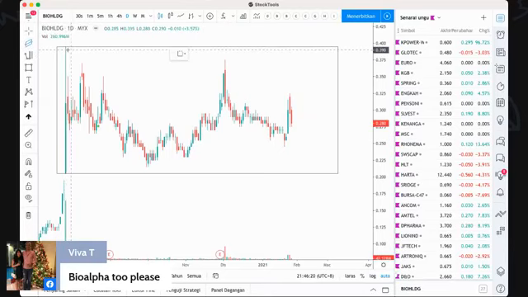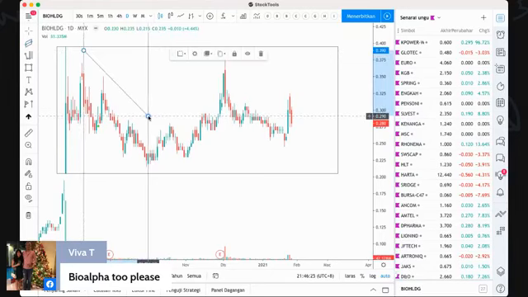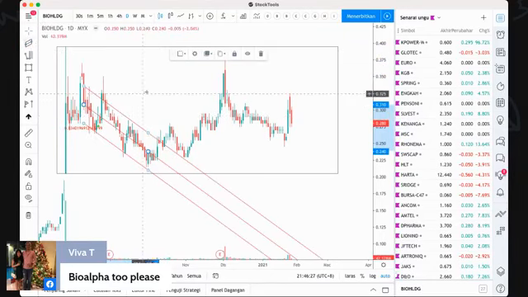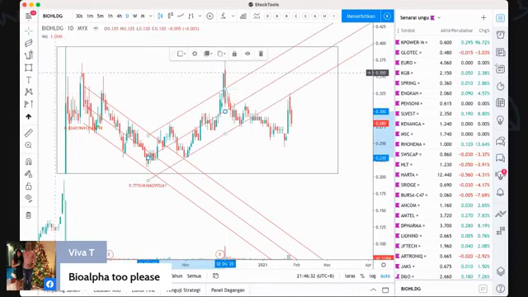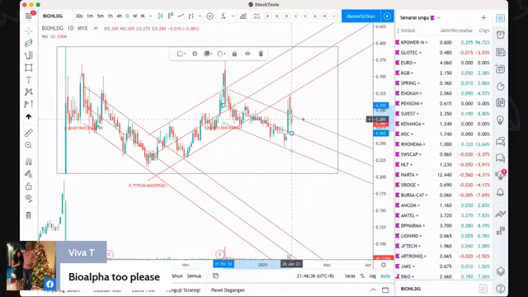We can see the first downtrend here, then sideways, uptrend, then downtrend. So currently it's actually still on a downtrend, but it tried to break this resistance, the previous resistance, which is 305. That is the minor resistance we have there.